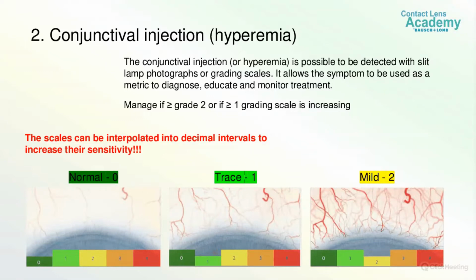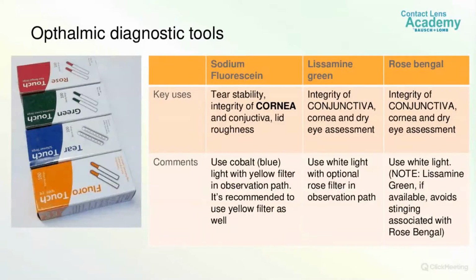Also, if your patient continues to complain, maybe it's a sign that you should change your treatment, or the patient should be referred to the ophthalmologist. And the scales can also be interpolated into decimal intervals to make the evaluation more sensitive.